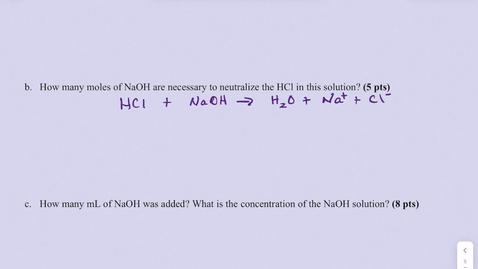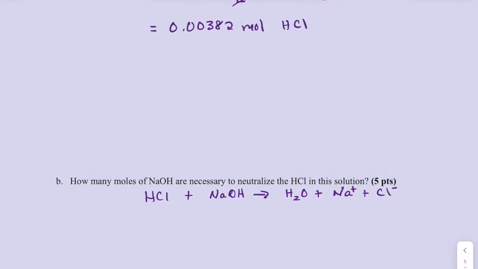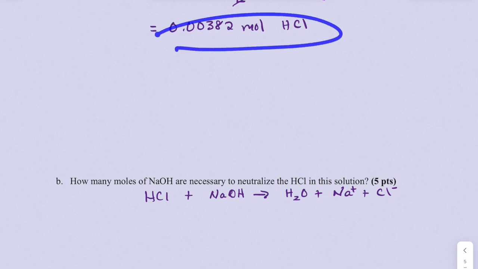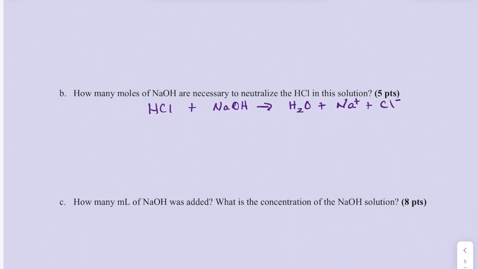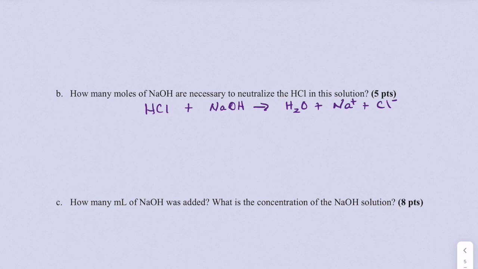All right, so it's something that we've talked about several times. So the one-to-one relationship means, okay, that's easy. If I've got 0.00382 moles of HCl, boom, that means at neutralization, at the equivalence point, I'm going to have 0.00382 moles of sodium hydroxide.